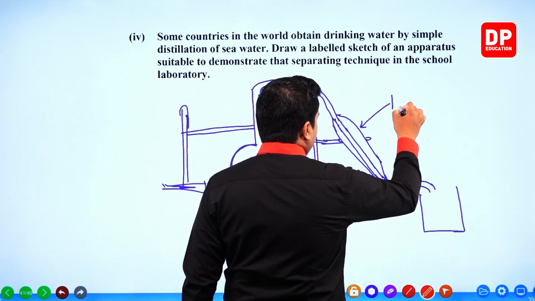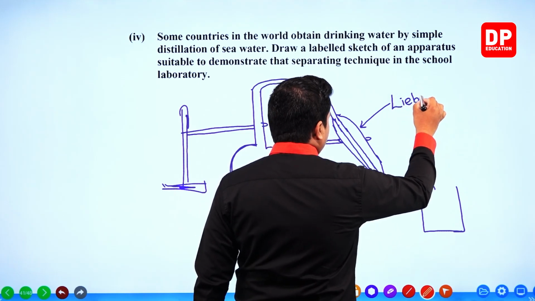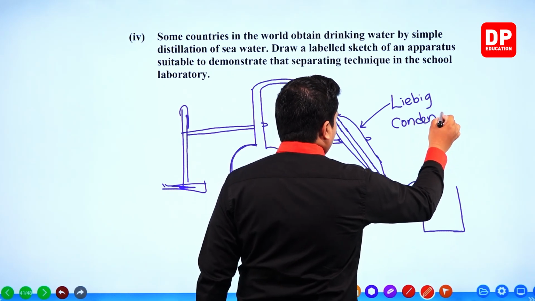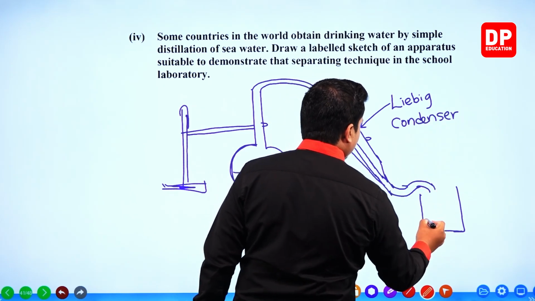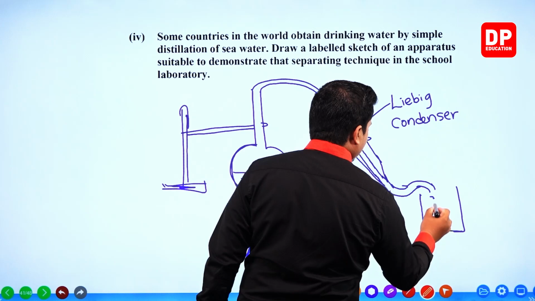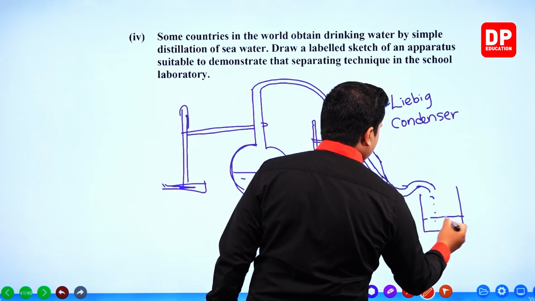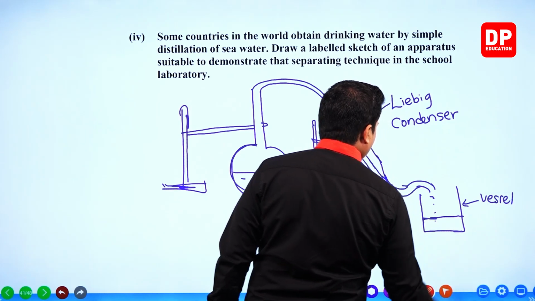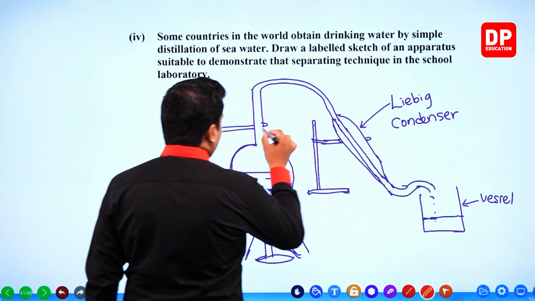So this is the Liebig condenser. This is the vessel, right?